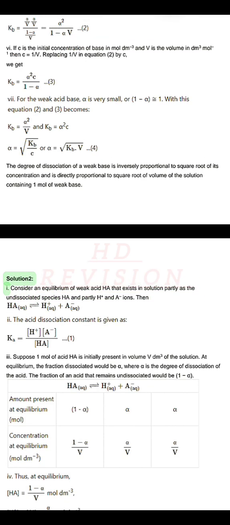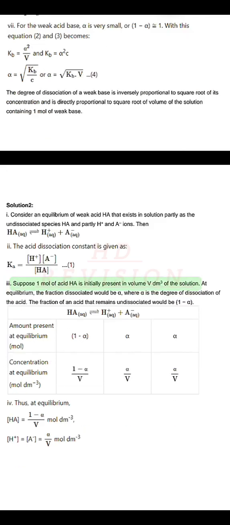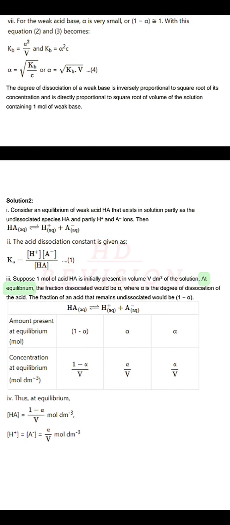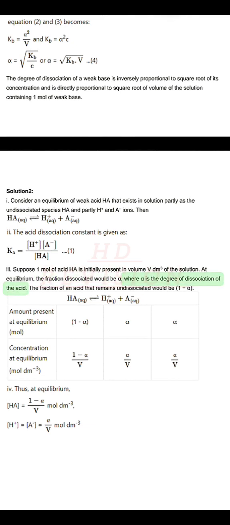Solution 2. (i) Consider an equilibrium of weak acid HA that exists in solution partly as the undissociated species HA and partly as H+ and A- ions. (ii) Suppose 1 mole of acid HA is initially present in volume V dm^3 of the solution. At equilibrium, the fraction dissociated would be alpha, where alpha is the degree of dissociation of the acid.